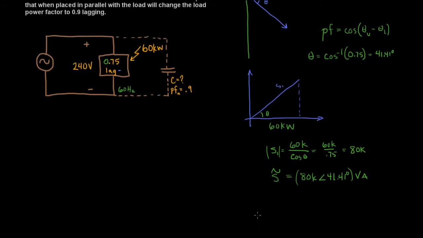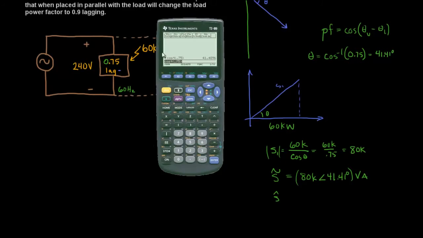We can also calculate the complex form of S. To calculate the complex form of S, I'll just use the TI-89 because that's the easiest way to do it. And I'm going to write this in phasor form. And then I would go to mode before I hit enter and make sure that my complex format is in rectangular. And of course, don't forget that your angles should be in degrees.